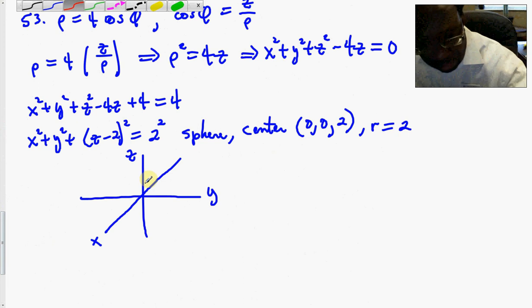So we go to where z is equal to 2. Let's say this is 2 here. So this is going to be the center, and the radius is 2. So we get this ball.